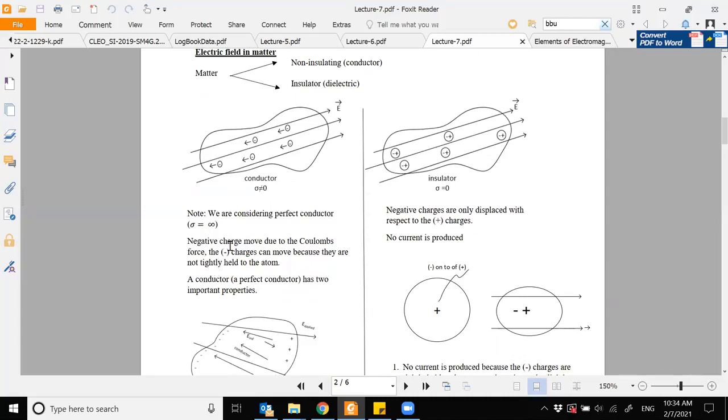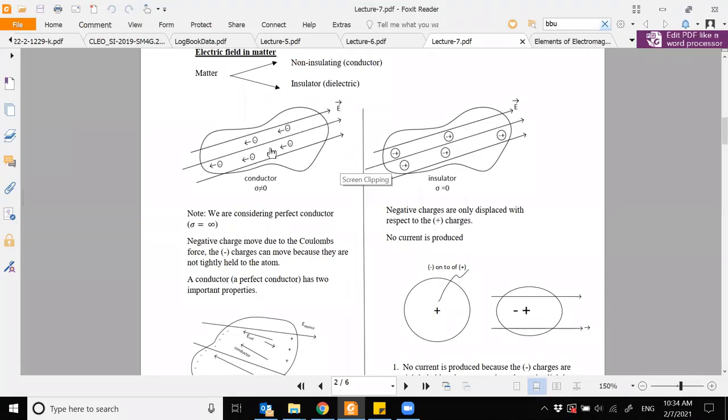So negative charges move due to Coulomb's force, and these negative charges can move because they are not tightly held to the atom. So these are your conductors. These negative particles, or electrons, are experiencing a force because of this electric field, and that force is pushing them.